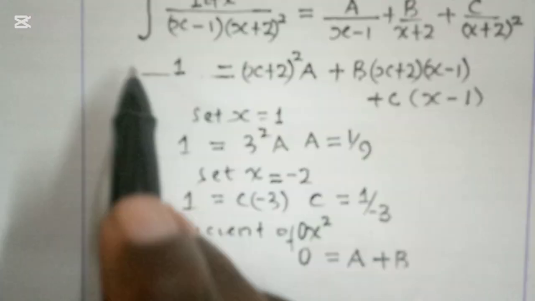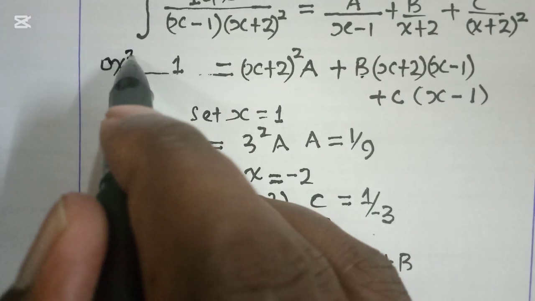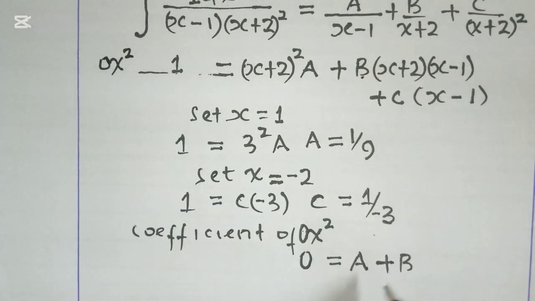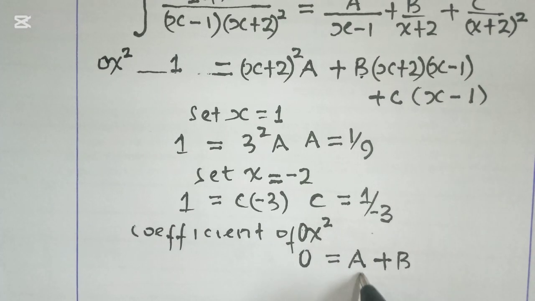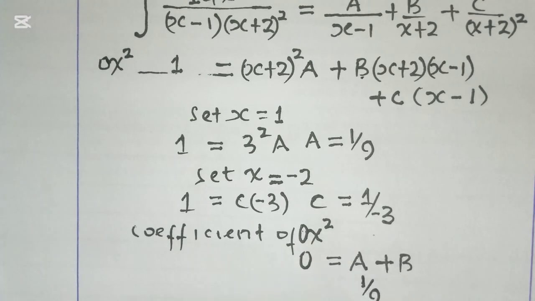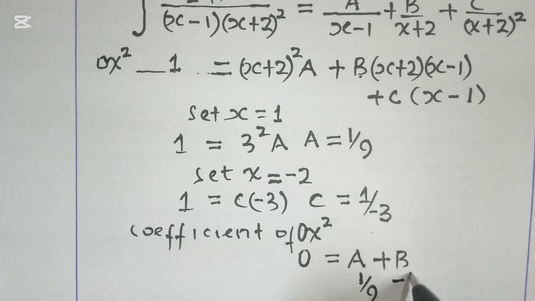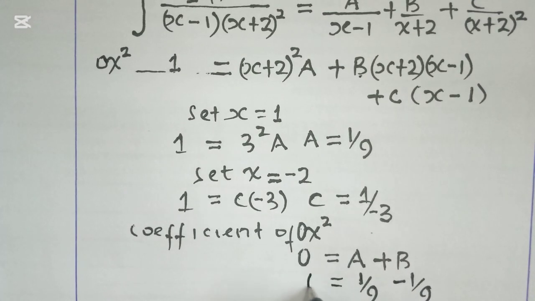Which now on our side here, it's like we have 0x squared. And so, guys, we come now and say a is 1 over 9. And so, guys, without saying, b then should give us negative 1 over 9, because that is what now gives us 0.